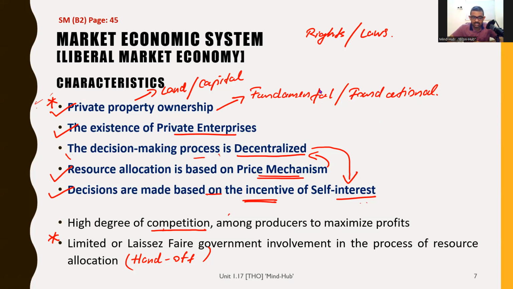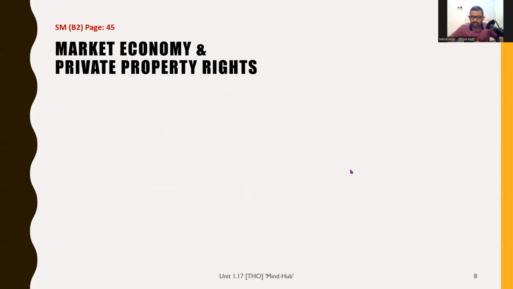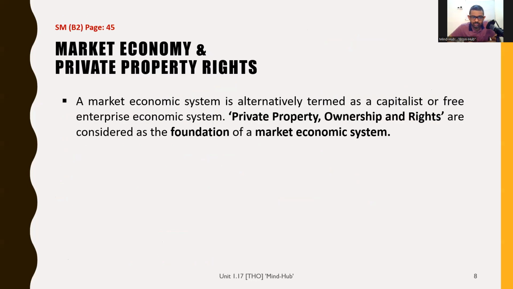Now let's quickly read this whole story about private property rights a bit. This note is given, Putta, on page 45, so don't worry too much here, but just read it with me quickly. A market economic system is alternatively termed as a capitalist or free enterprise economic system.